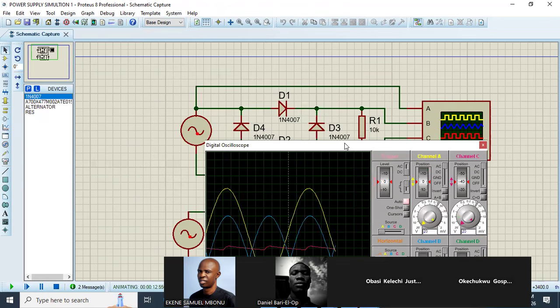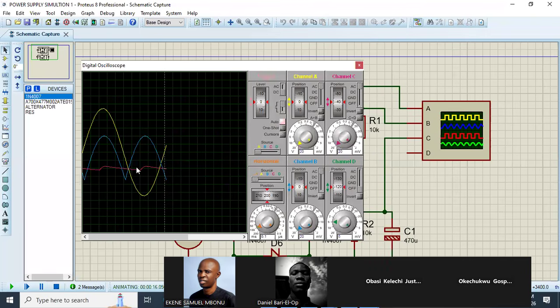Channel B is the output of the rectifier. Let me pause it at an appropriate time. From here to here is a cycle. Is that correct? Yes, sir. From here to here is a cycle.